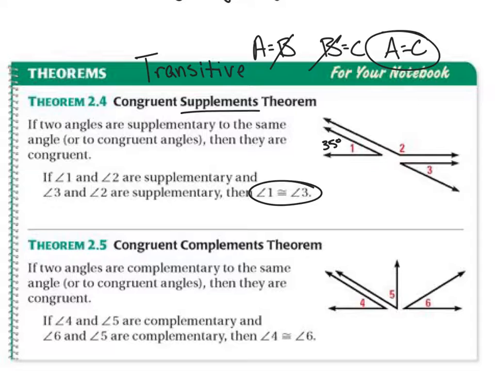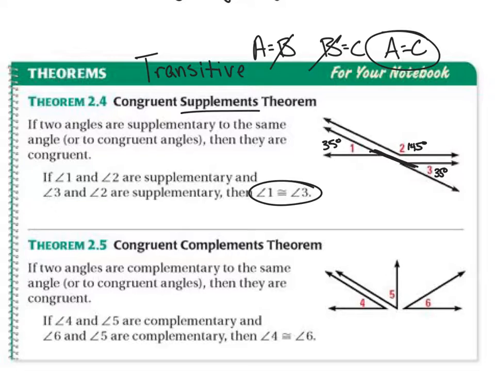In order for 2 to be its supplement, that would have to be 180 minus 35, so this would be 145. And then in order for 2 and 3 to be supplementary, angle 3 would have to be 35. So notice 1 and 3 are the same because they're both supplements to angle 2. So again, the transitive property. 1 and 2 are supplementary, 2 and 3 are supplementary, so 1 is congruent to 3.